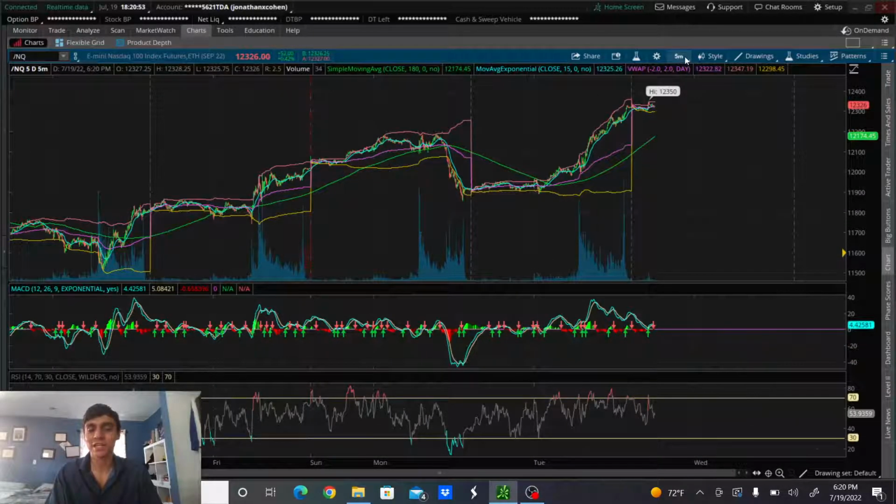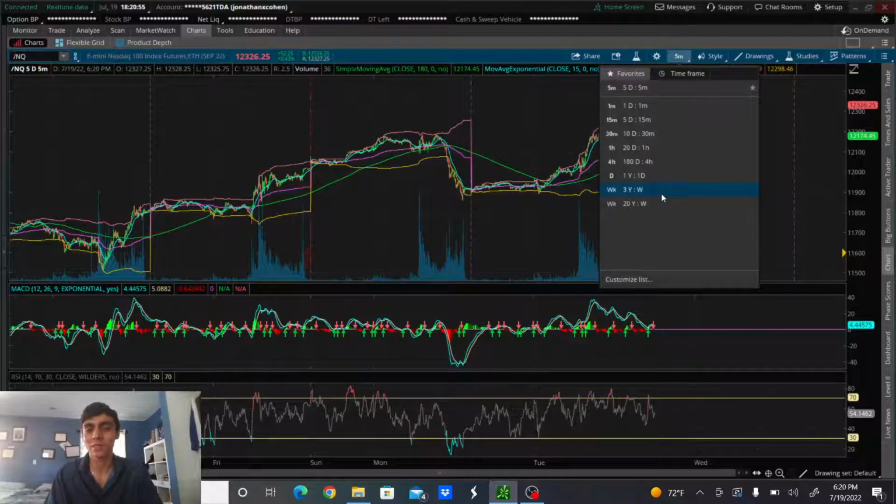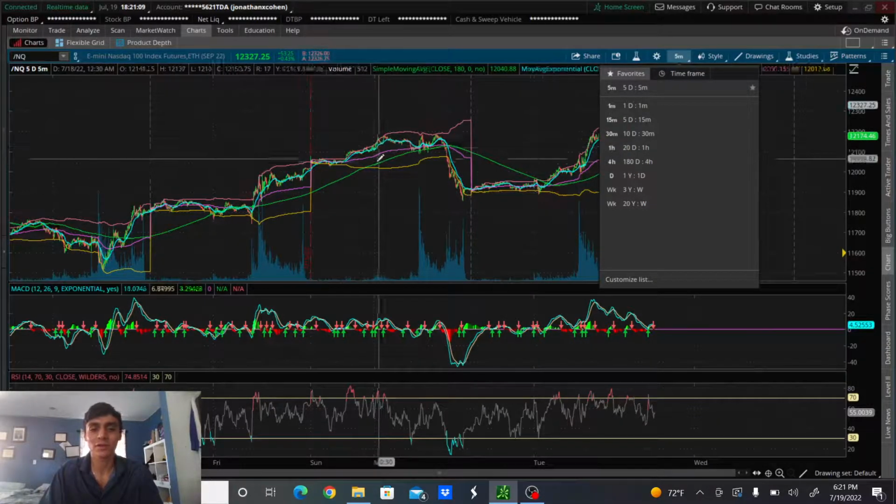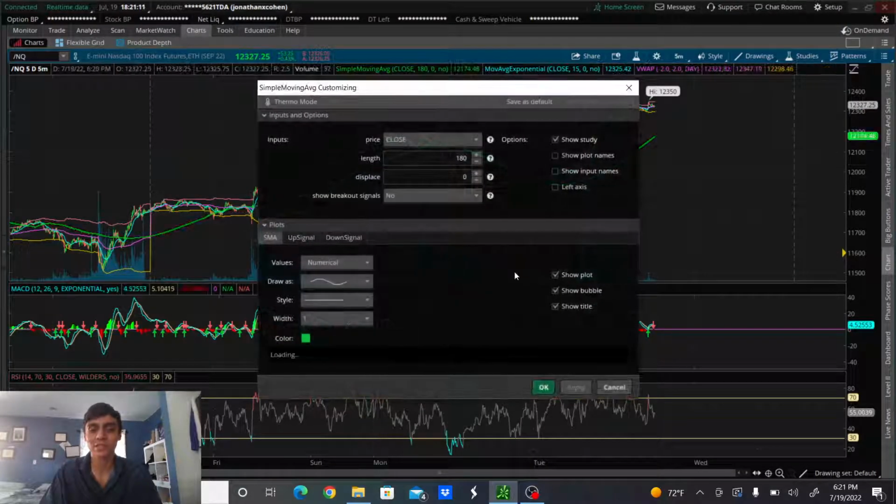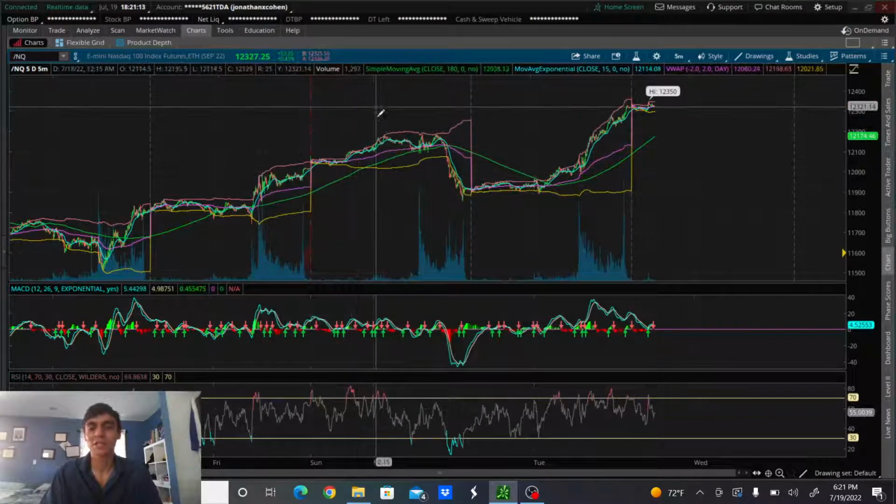Because if you're day trading, you don't want to focus on any of the really big time frames like 20 years, 3 years. You can look at it, but you don't really have to, because if we're day trading, patterns like that are so long term, right? The movements are a lot less noticeable, right?